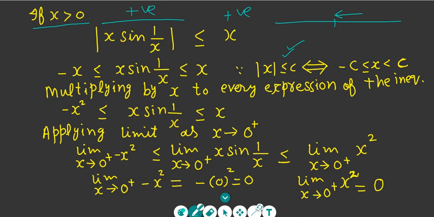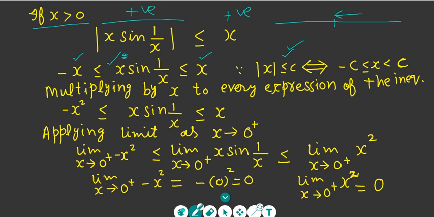Here we need x square. So for this purpose we multiply every expression of the inequality by x, because we want to find the middle function in our required form.